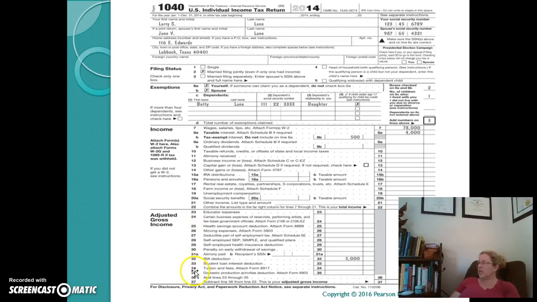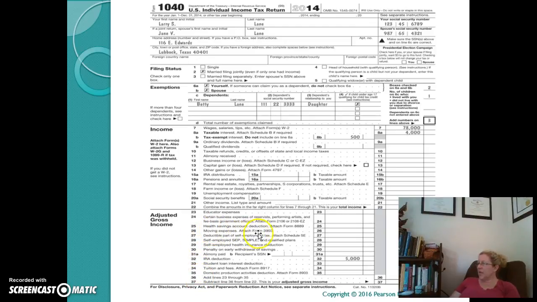All the deductions here, they're very desirable because they are subtracted directly from your income. And so you would never pay tax on anything that you subtracted here. So you want to get as many of these deductions as possible.